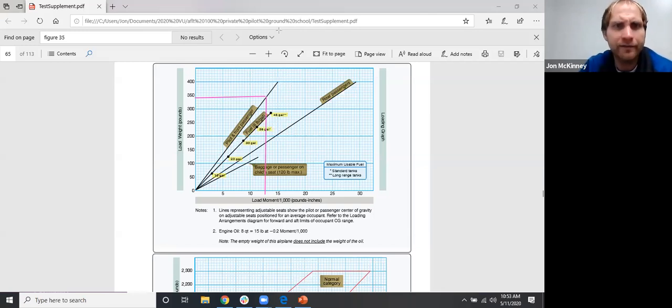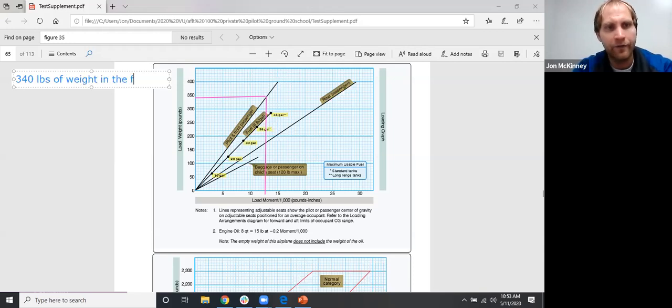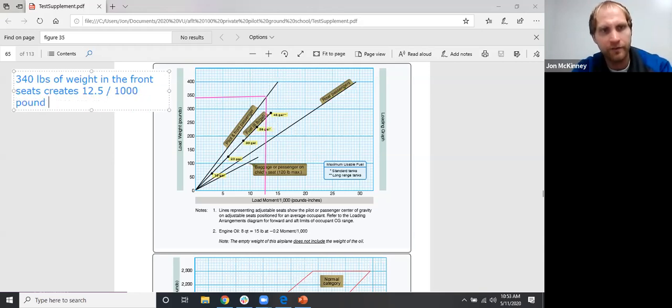What I'm explaining to you, and I'll just write it out in plain English, is that 340 pounds of weight in the front seats creates 12.5 divided by 1,000 pound-inches of moment force.